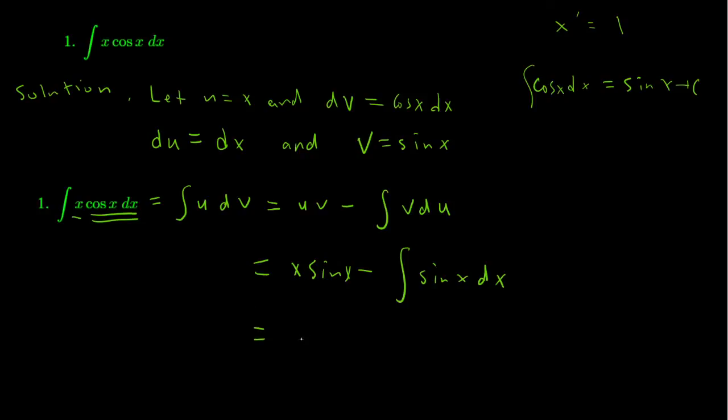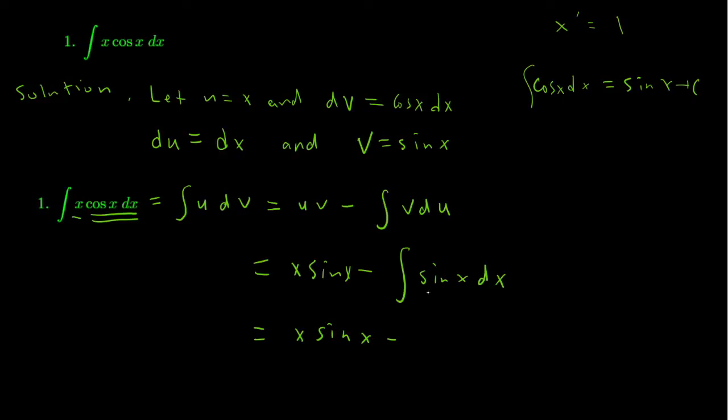So the final answer is x times sine of x and then minus. So here we are looking for the antiderivative of sine of x. So don't be confused with the derivative. For the antiderivative of sine of x, we are looking for which function has the derivative of sine of x. Anybody want to write something down? I haven't asked you a question for a long time.